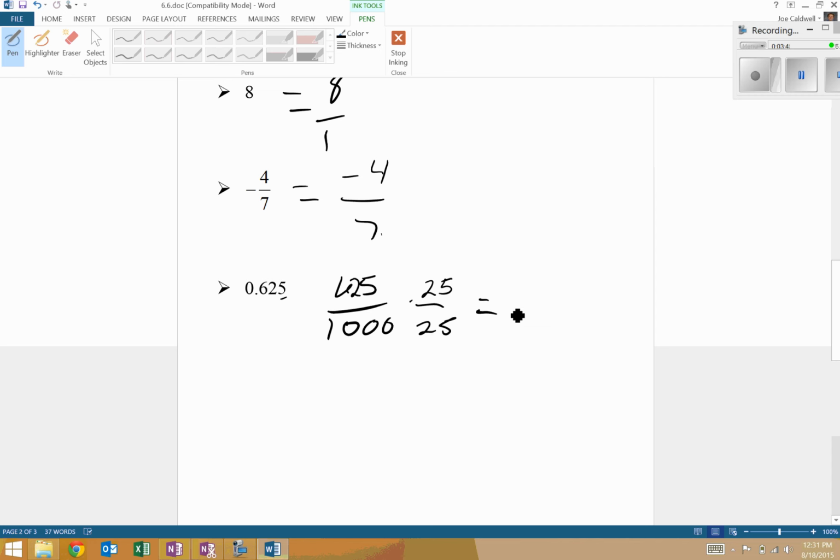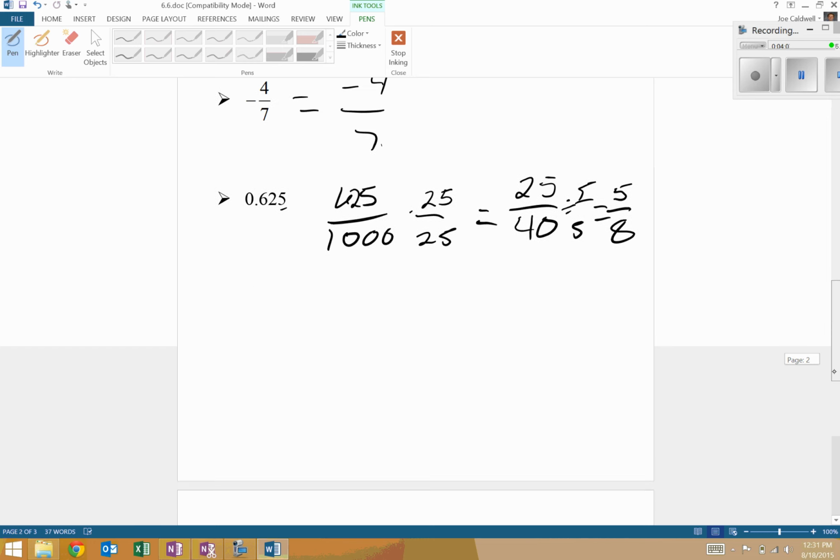And 1000 divided by 25 is 40, so we didn't quite get the GCF on the first try there. So we're going to have to reduce again by dividing by 5. And getting 5 over 8 would be my rational form of that in reduced form.